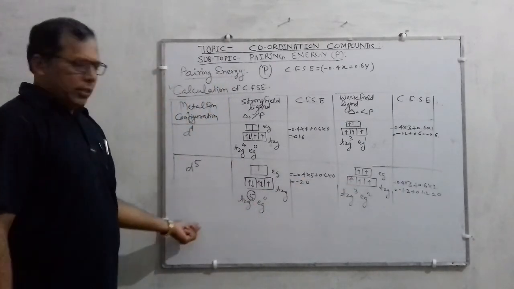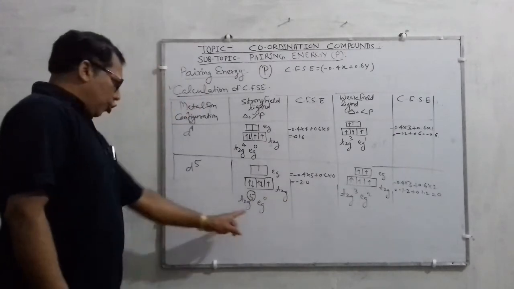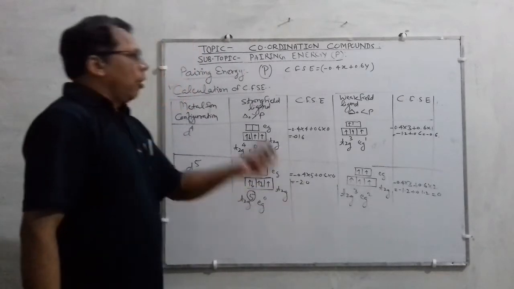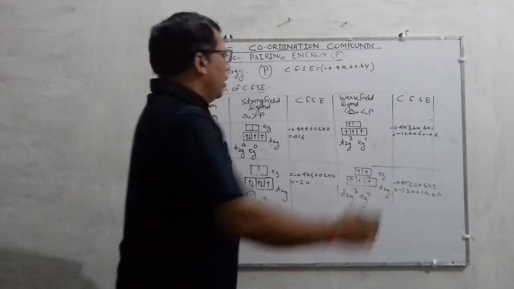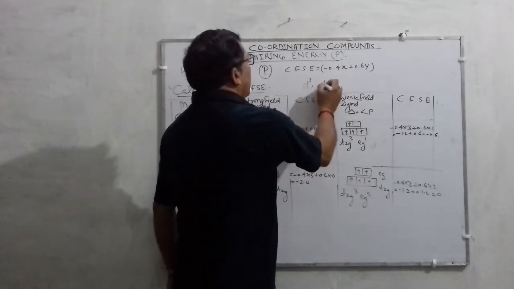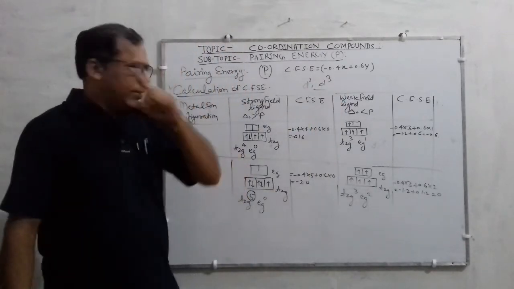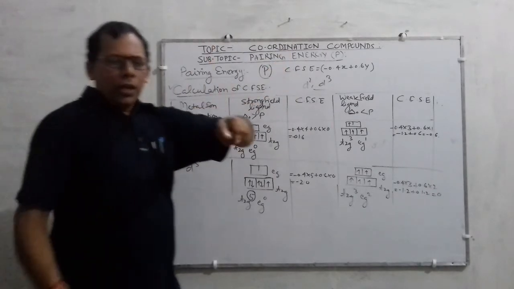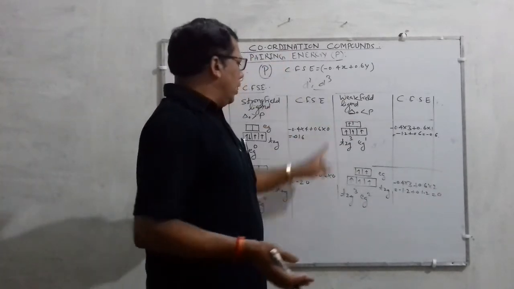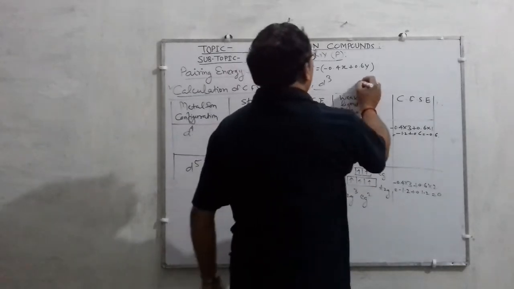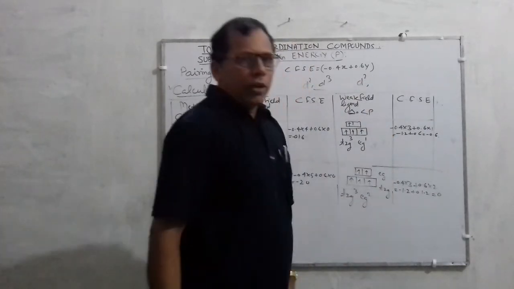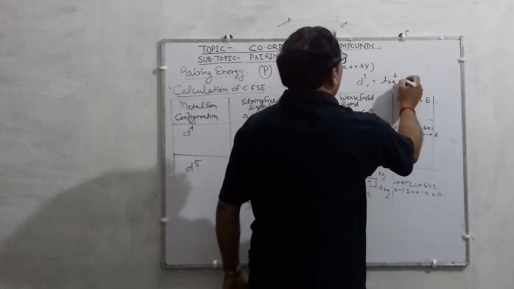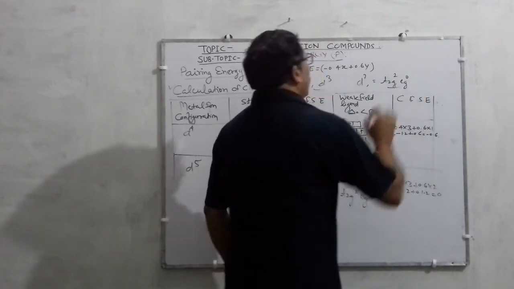Similarly, d6 and d7 in strong field and weak field can be written in the same way. One thing you have to notice is, in the case of d2 and d3 in octahedral coordination, the d electrons will occupy only t2g. Suppose we have to write the d2 electronic configuration, it will be only t2g2 and eg0.